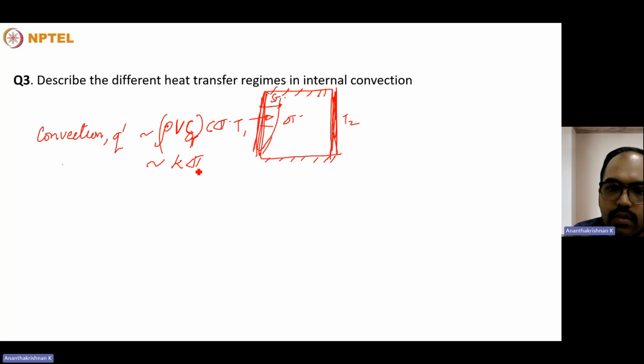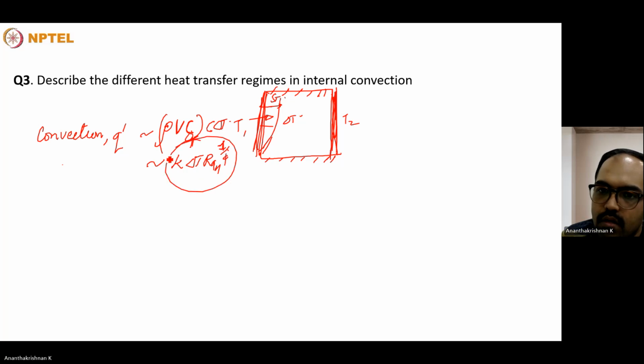So this is equal to K into delta T into Rayleigh number raised to 1 by 4. So we can actually reduce this into this form. This is for the convection term, and similarly we can write it for the conduction as well.